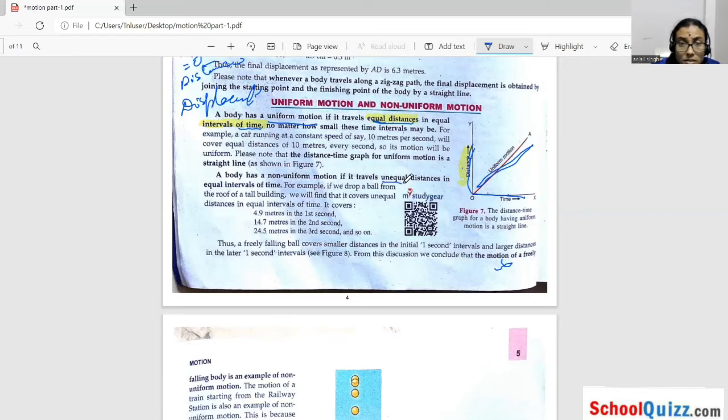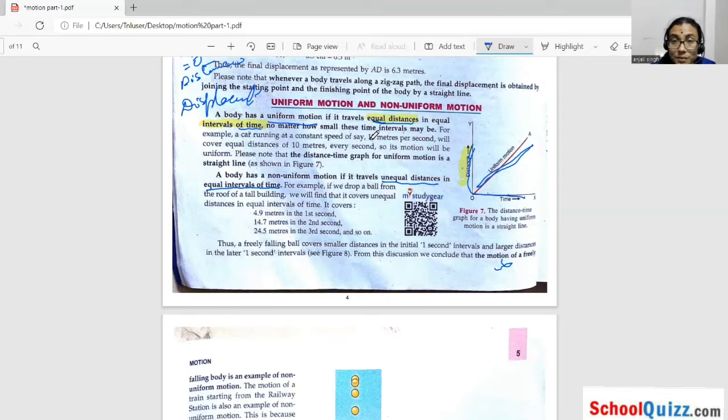Unequal distance. Here you can see unequal distance in equal interval of time, meaning the time will be equal. Here it is written in equal interval of time. Students, please keep in mind it is unequal distance in equal interval of time.